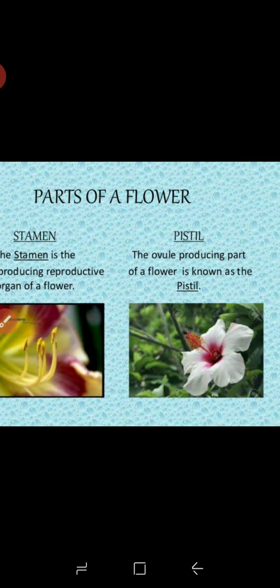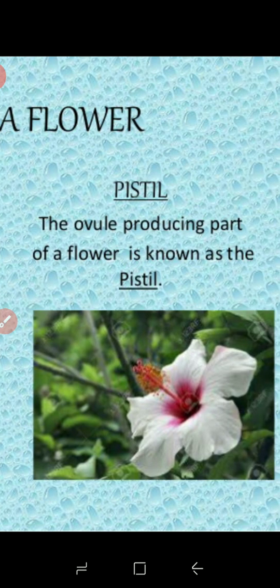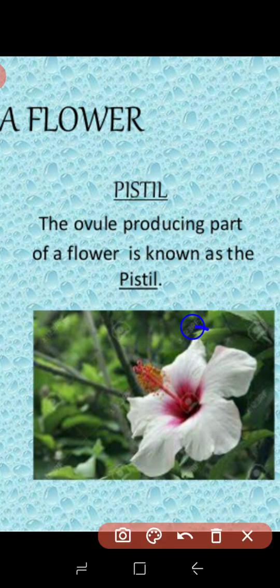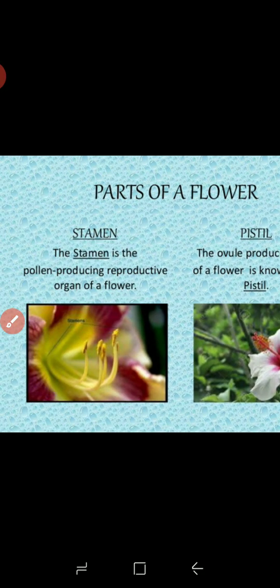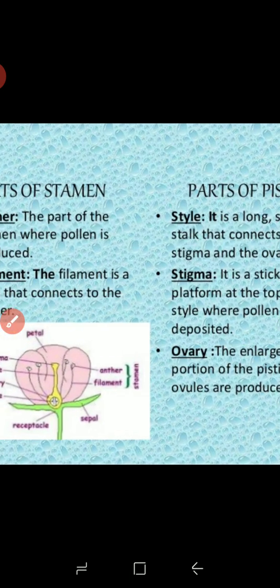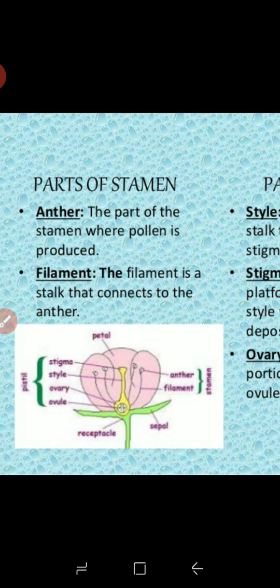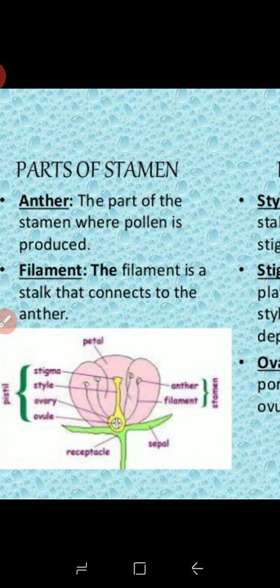Then pistil. You can see the pistil here. The ovule producing part of a flower is known as the pistil. This is the pistil. Then the parts of the stamen.